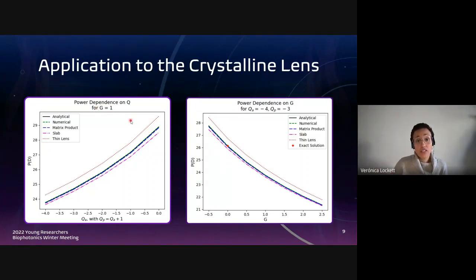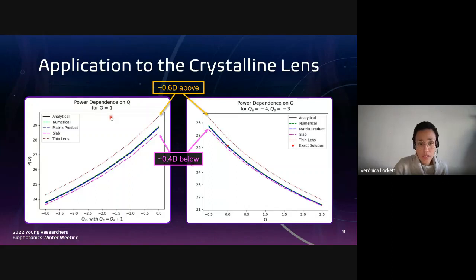So depending on Q, the thin lens approximation is roughly 0.6 diopters above what we got for numerical, matrix, and analytical solutions. The slab approach is roughly 0.4 average below what we got for analytical, numerical, and matrix product.